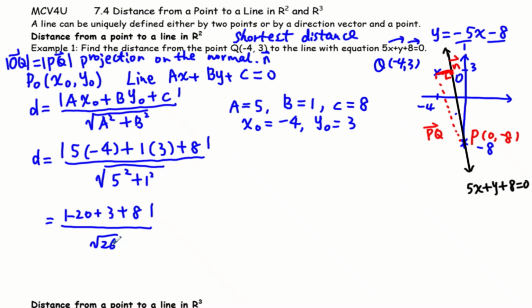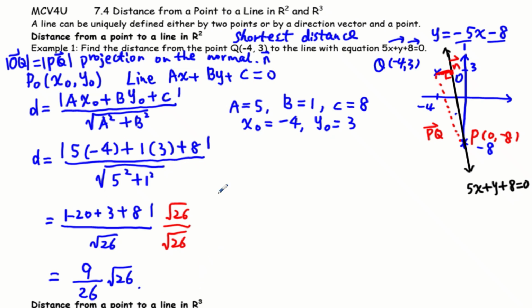If we don't want to see the radical number at the denominator, we could rationalize it by multiplying by itself. Then we are going to have negative 20 plus 11 is negative 9. The absolute value gives us positive 9. Square root 26 times square root 26 gives us 26, so times square root 26, then it's done.